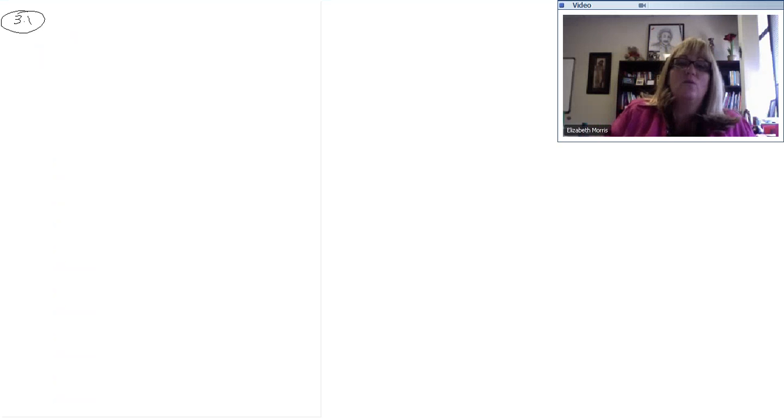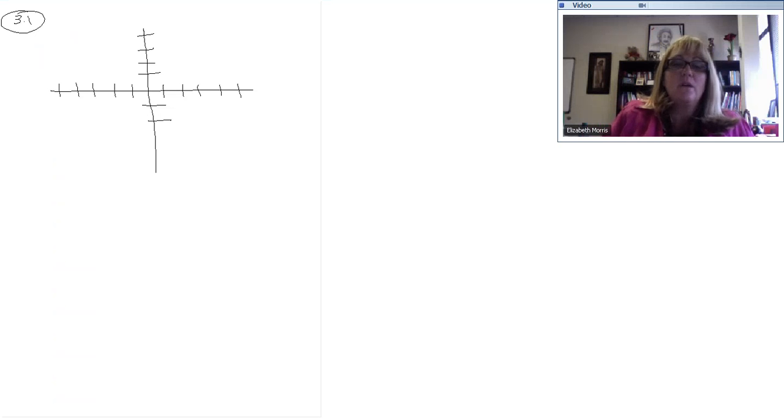In order to facilitate that, I need to make sure that you are comfortable and that we have reviewed what it is to graph points. This is what we call the Cartesian plane, after Rene Descartes, who came up with it.